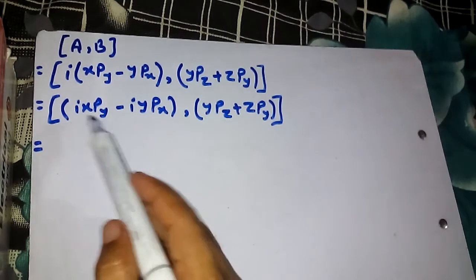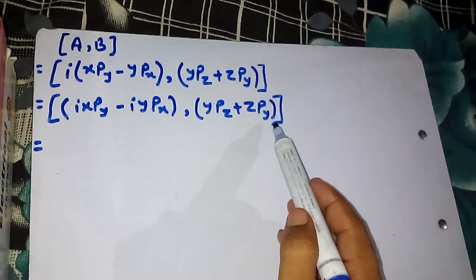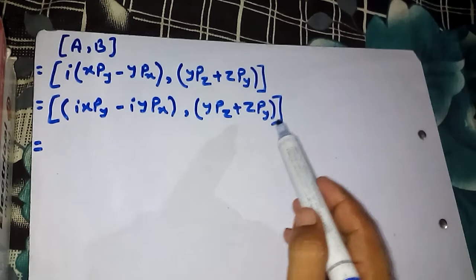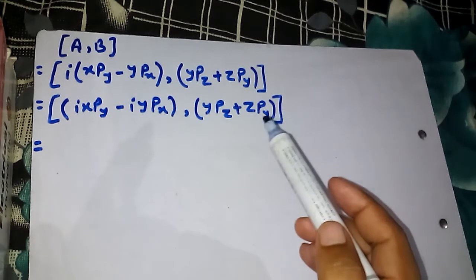Now we can distribute this. This commutation expression can be given by a simplified expression, and this is done by distribution.